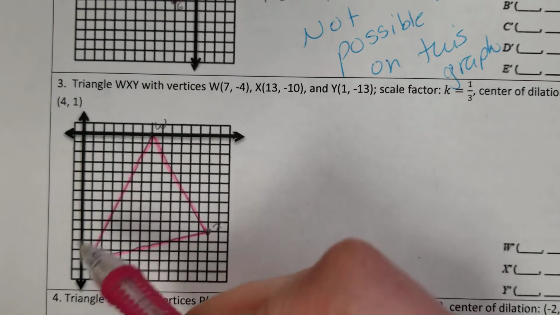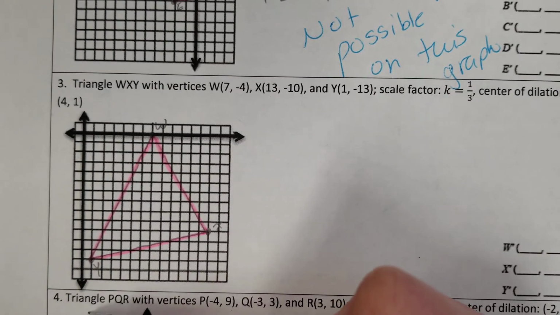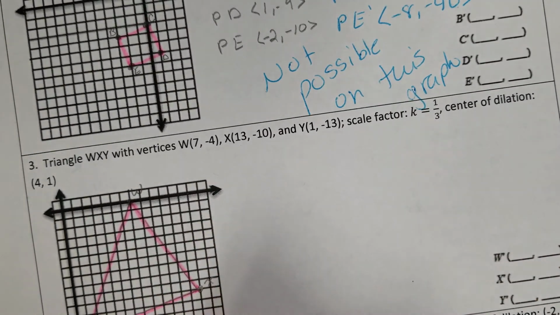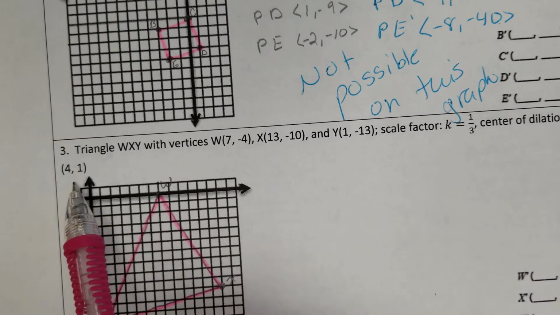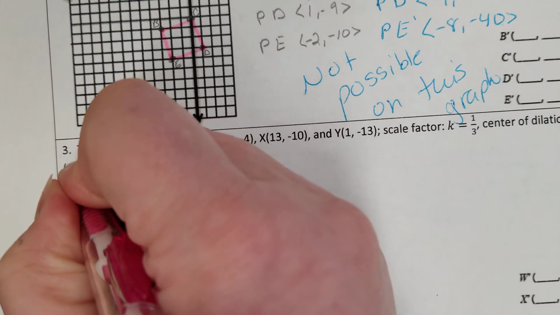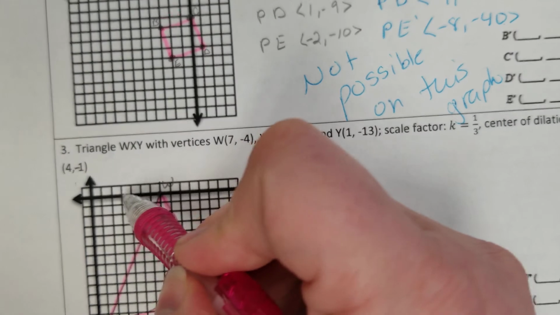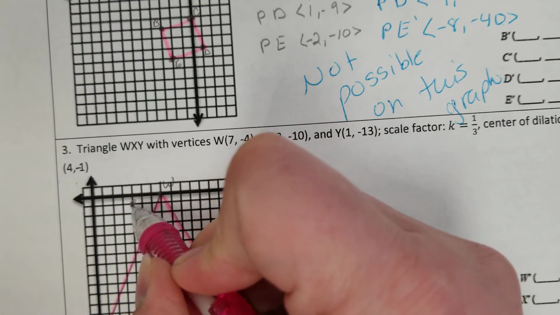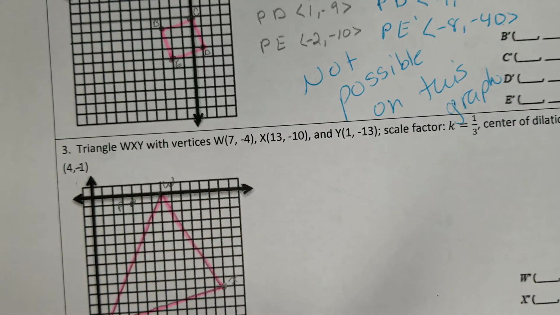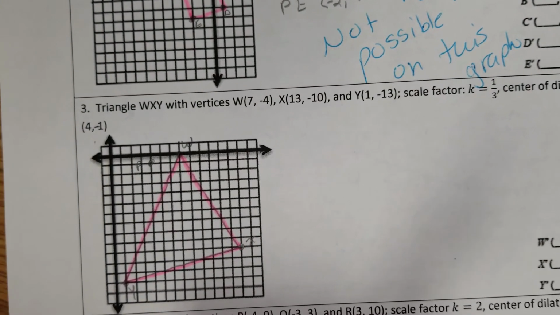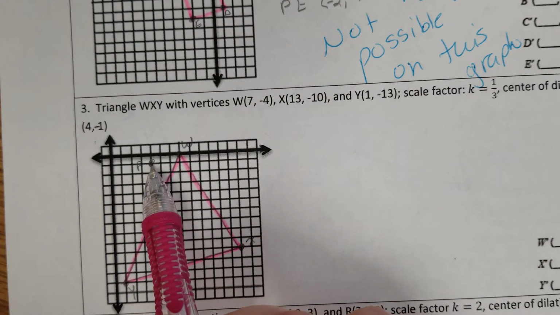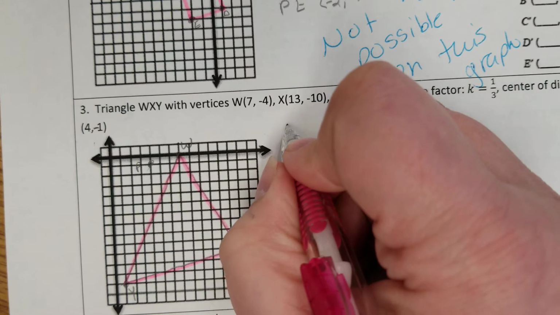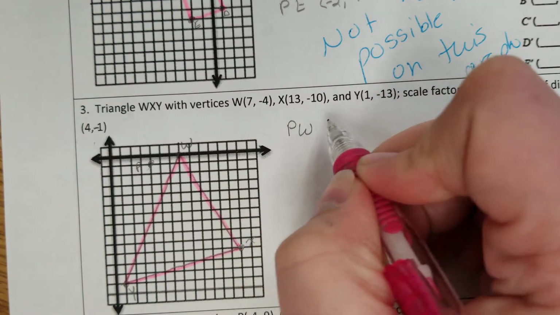All right, so we have triangle WXY, and our center of dilation is 4, and we're actually going to make this negative 1, so that it's that point there. All right. So now we're going to go PW.